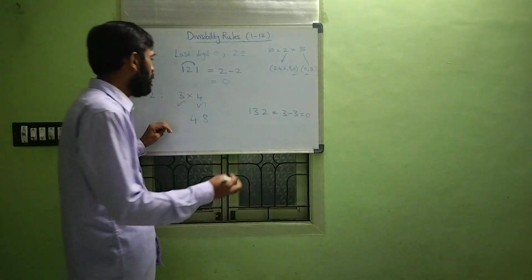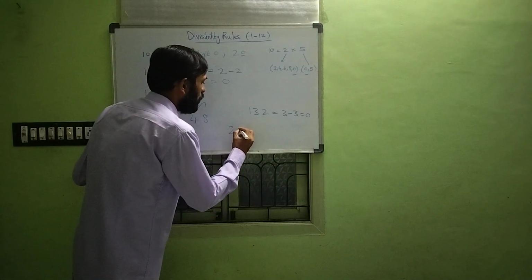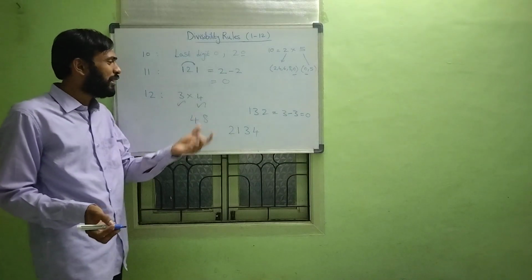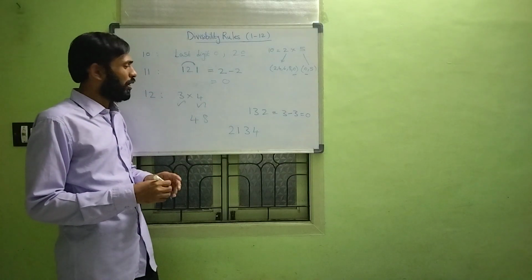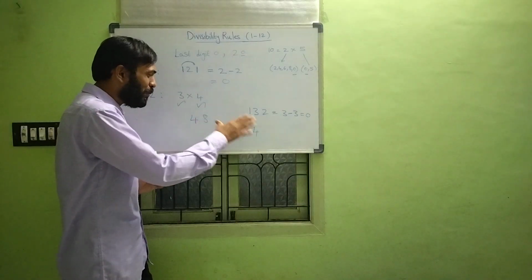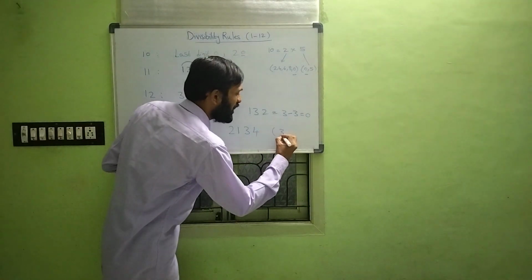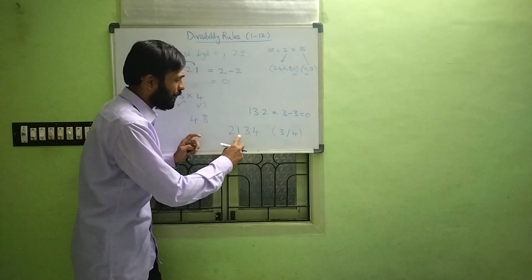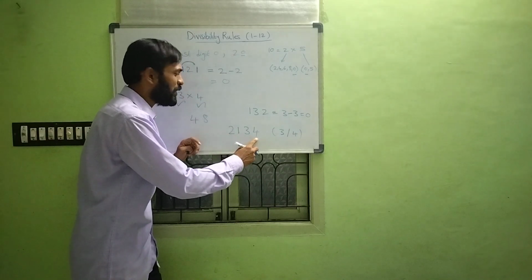I will give one more example. 2134. Let's check whether it is divisible by 3 first, then 4. 2 plus 1, 3. 3 plus 3, 6. 6 plus 4, 10.